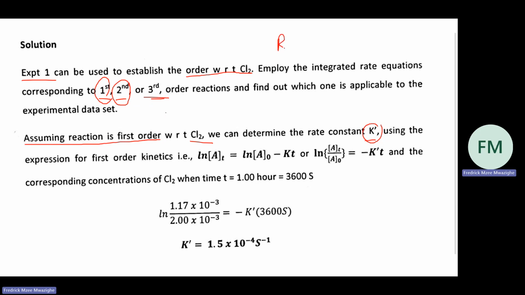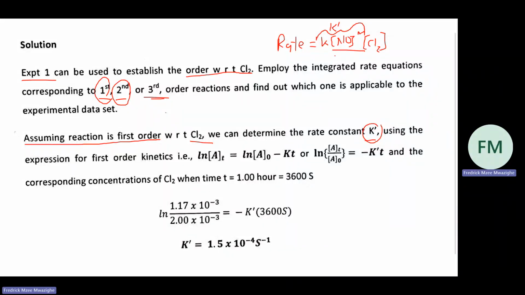So that means the rate, which was given as K times the concentration of NO to the power M times the concentration of chlorine, changes, because now that of NO is constant. So we assume that this particular term in this expression is K prime. So we are able to determine K prime from this.